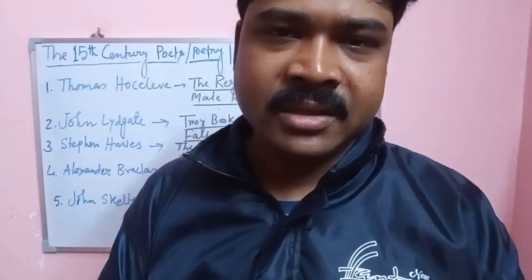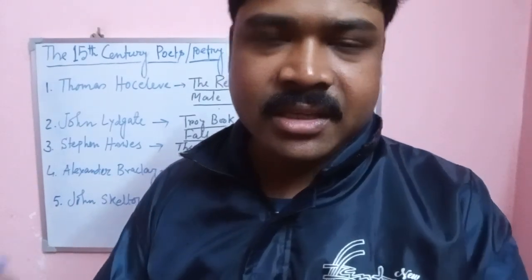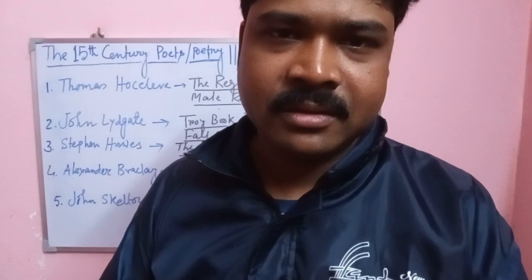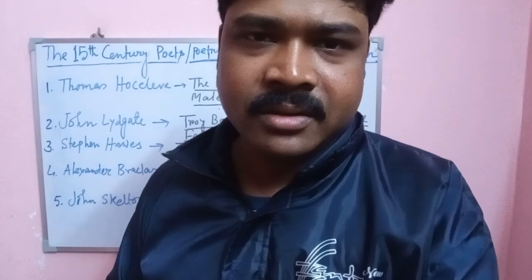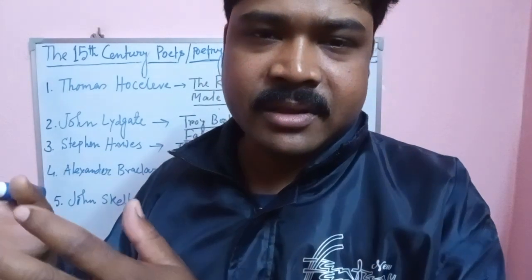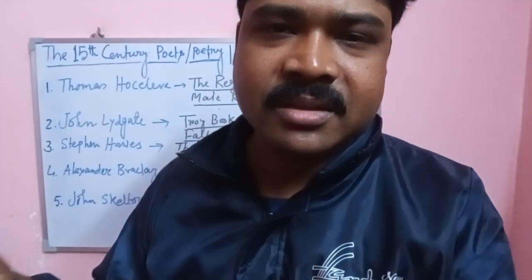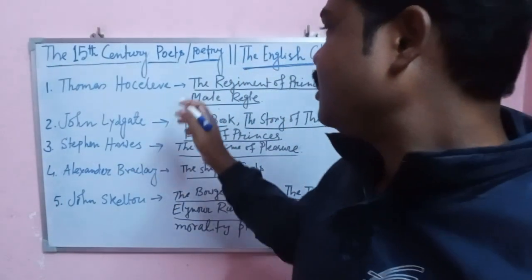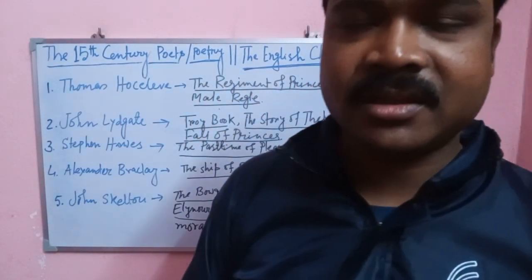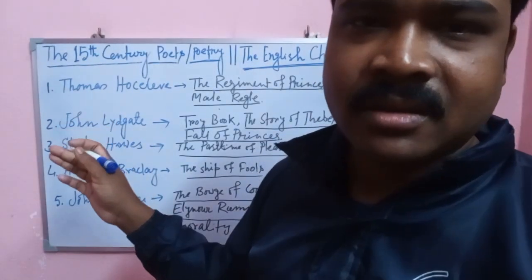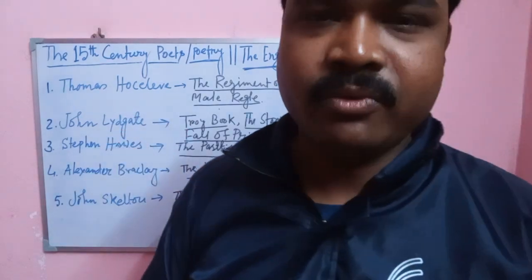However, his chief work as a poet is his verse translation in Chaucer's rhyme royal of Aegidius de Regimine Principum, that is, The Regiment of Princes. The Regiment of Princes is Thomas Hoccleve's chief work.